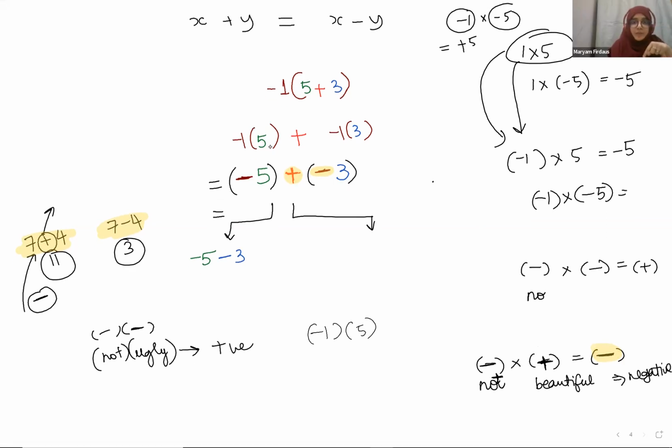So in place of both of these, I am going to have a negative. I'm going to remove both of these, chuck them, and in their place replace them with a negative sign. What did we replace? We didn't replace the positive with a negative. We didn't do that. What we did was, let me just show it to you again.